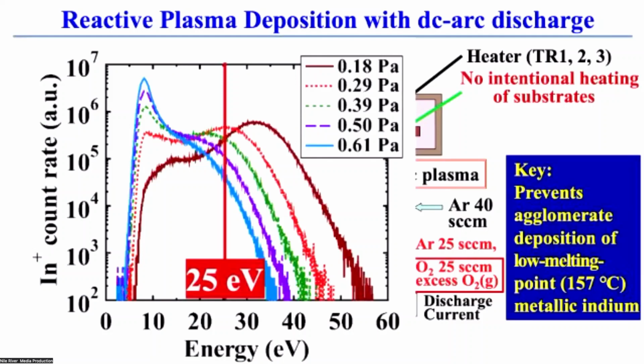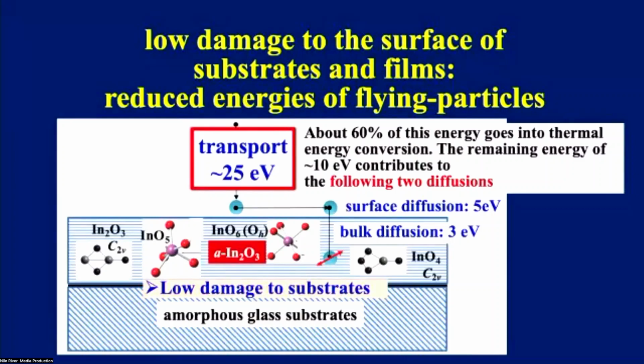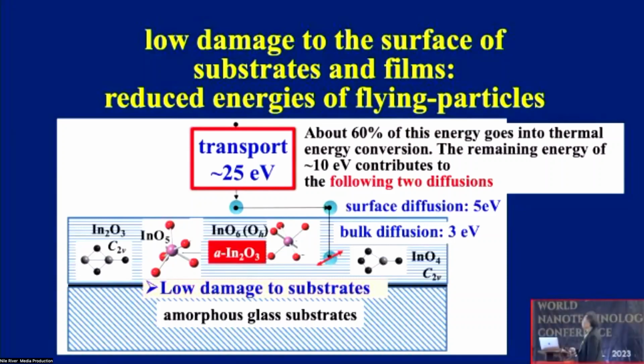Why? This slide gives the answer. Low damage to the surfaces of substrates and the films. The point is reduced energy of the flying particles. The transport energy is 25 electron volts. Above 60% of this energy goes into thermal energy conversion at the surface of the substrate or growing films.